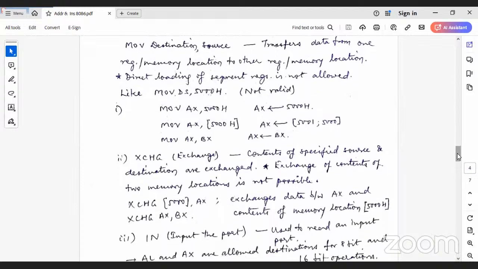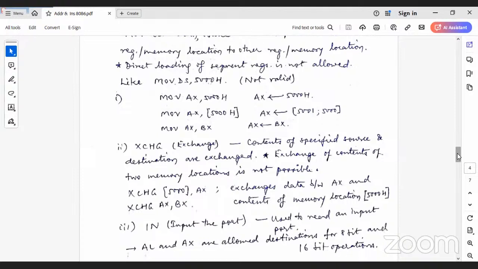Then next is the exchange instruction. This was also there in your 8085. It will simply exchange the contents of source and destination. Now in this also, one point to be remembered is that exchange of contents of two memory locations is not possible. So exchange cannot be done among the memory location contents. It can be done between the registers.